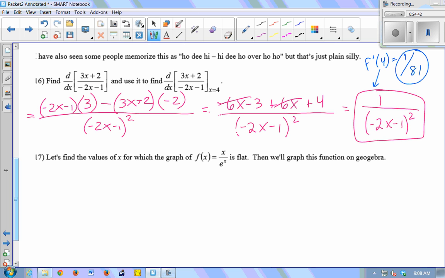Constant, yeah, or horizontal line, right? Yep. So a function is flat when its tangent line is horizontal, or its tangent line is a constant. Right? What is the slope of a horizontal or constant function? 0, yeah.